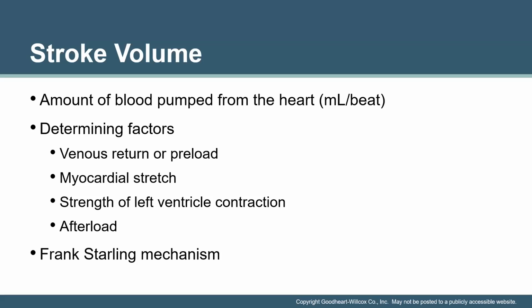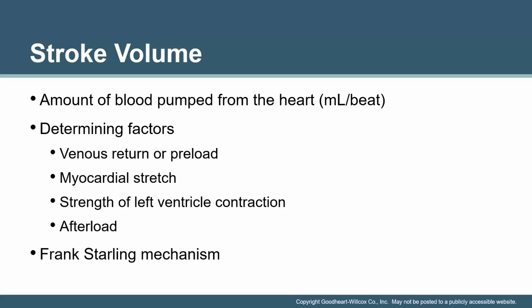When the myocardial fibers are stretched, the number of cross bridges between actin and myosin filaments in the muscle fibers will increase. This in turn increases the force of the left ventricular contraction, thereby increasing stroke volume. So the relationship between the increased myocardial stretch and increased strength of the left ventricular contraction is known as the Frank-Starling mechanism.